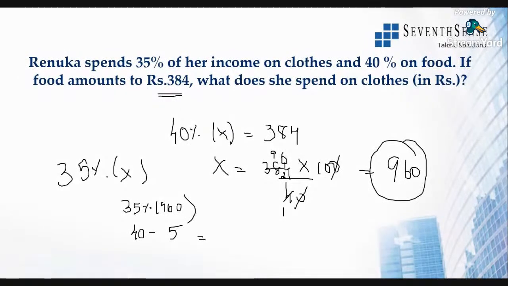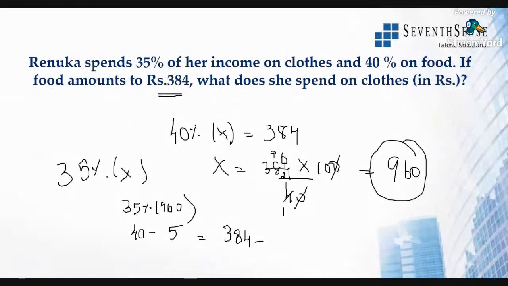So it will be 384. That is 40%. We already know the 40% value is 384, so just subtract 5%, because she spends 5% less.